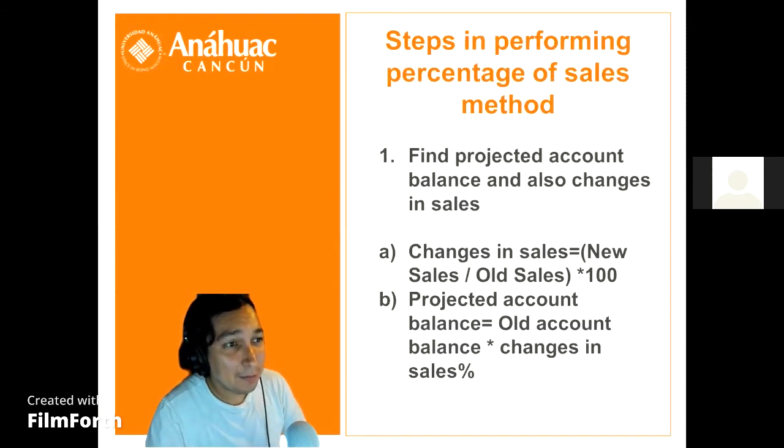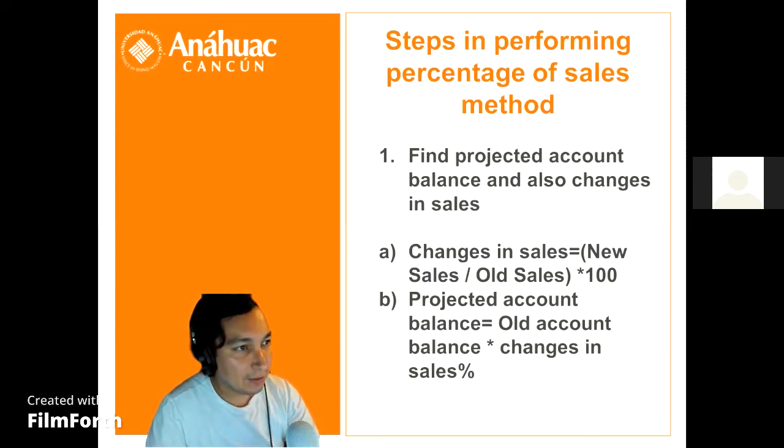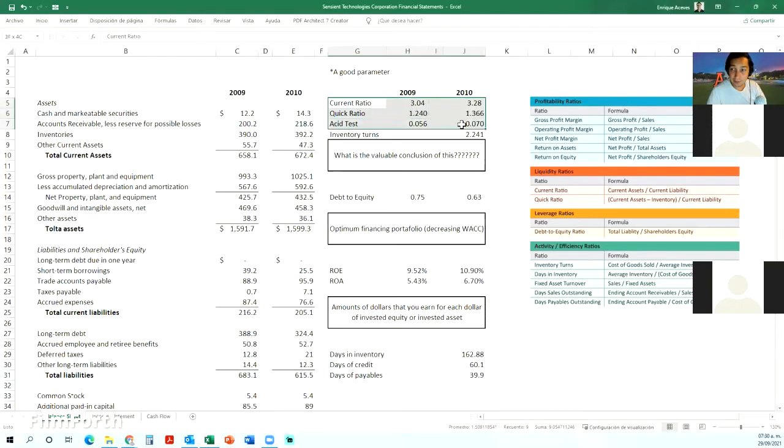Sorry about that. The first thing that we need to know is what I wanted to review with you before we started this lesson. Let's get back and finish what we were reviewing. Remember that these were liquidity ratios.